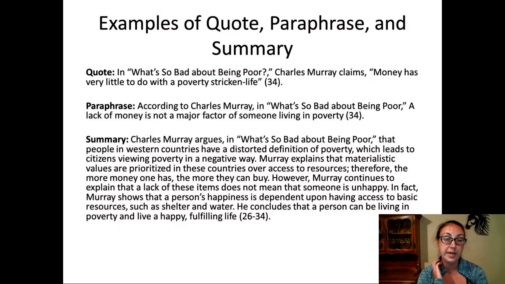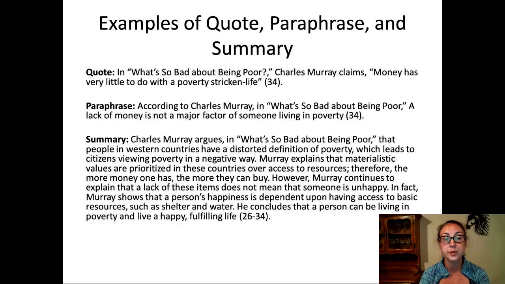Therefore, the more money one has, the more they can buy. However, Murray continues, so again, new sentence, Murray continues to explain that a lack of these items does not mean that someone is unhappy.